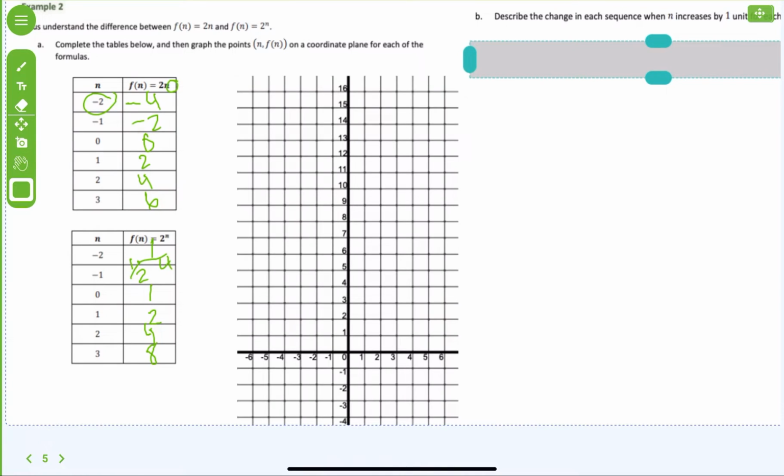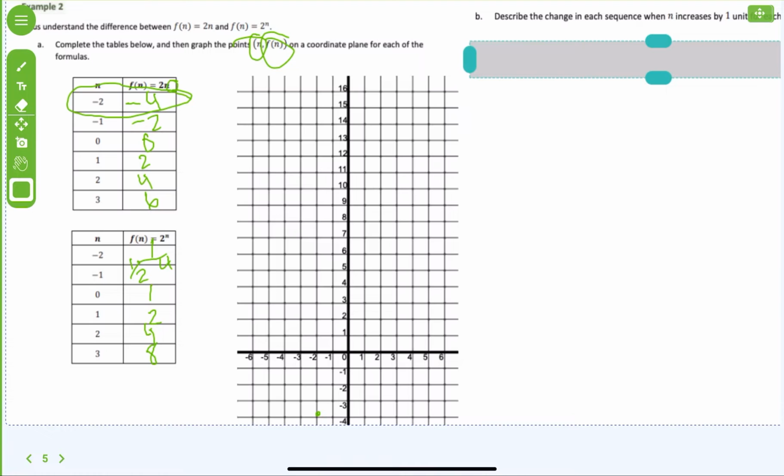Okay. Now it wants us to graph that. So we're just simply looking at n as our x. That tells us that right here. And f of n is going to be our y. So let's start right here. We have negative 2, negative 4.